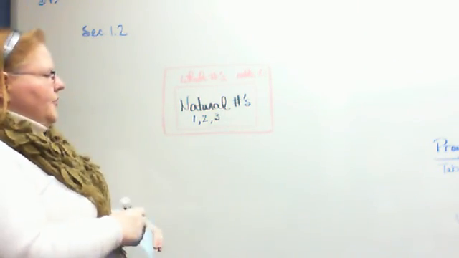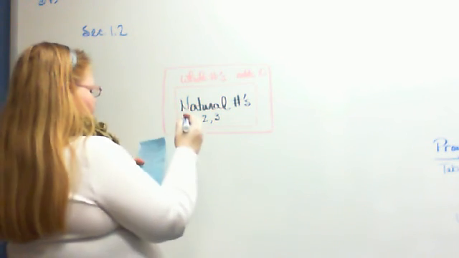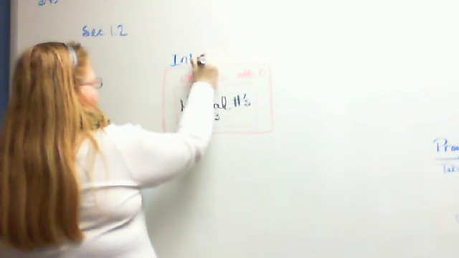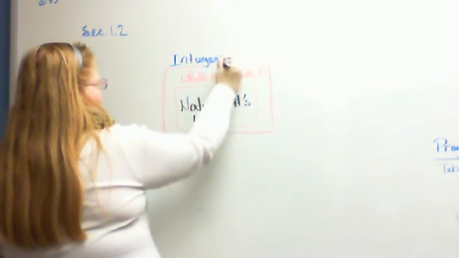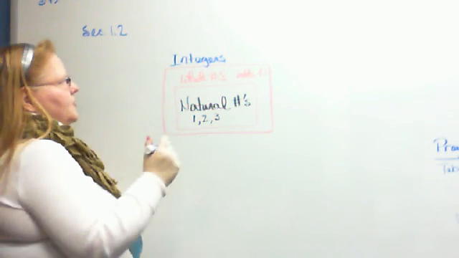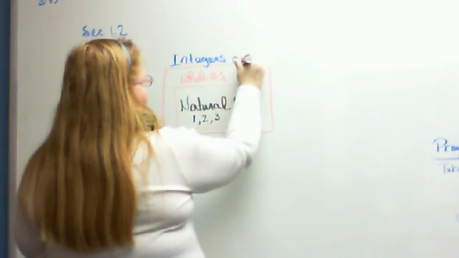So in addition to whole numbers, you can have something called integers. Integers are all your whole numbers, all your natural numbers, and their opposites.